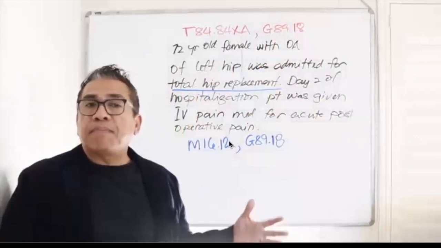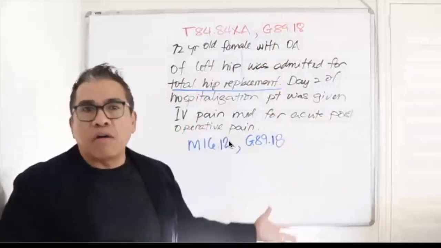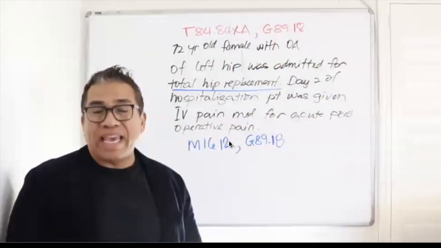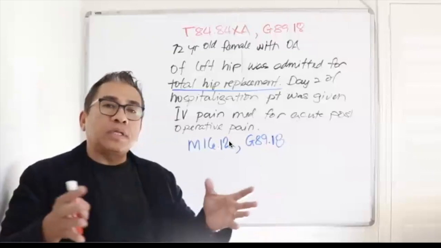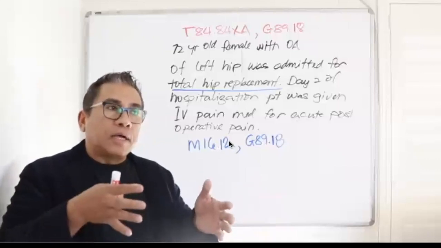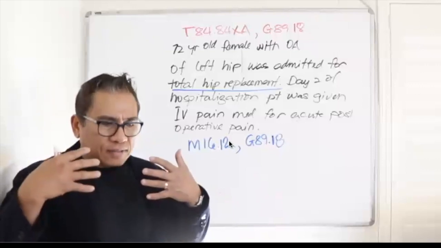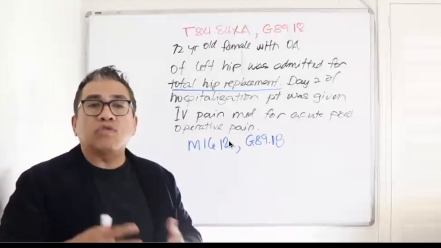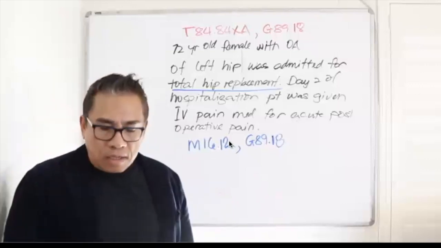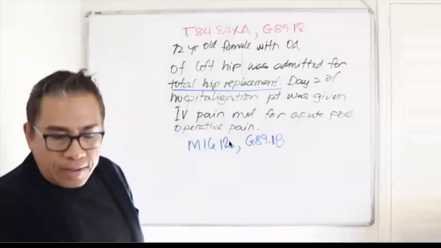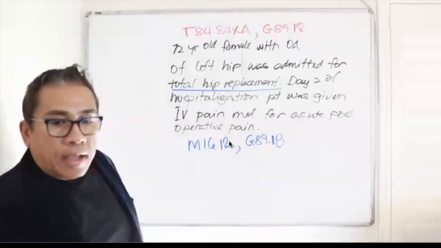But if it's not post-operative, like it's from a long time ago, then G89.28. The difference between 18 and 28 is that 18 is, I think, post-operative. Okay, the 28 is other chronic pain.